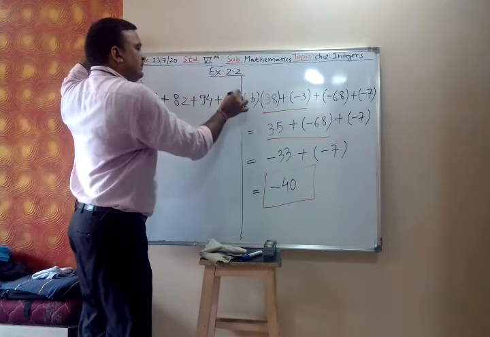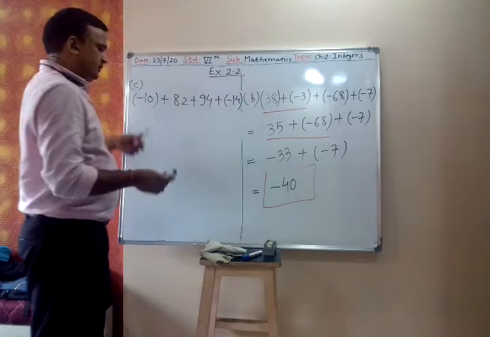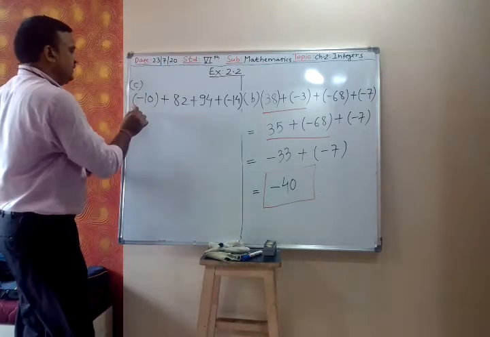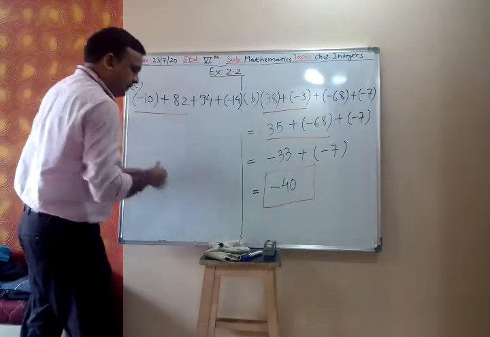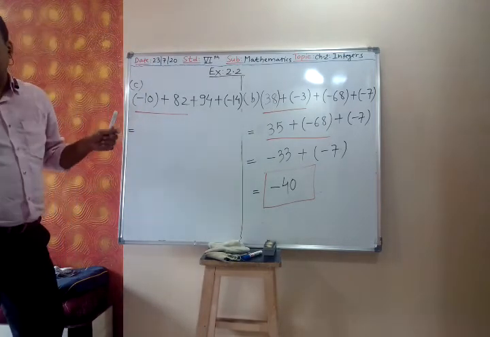Normally whenever number has plus sign, we do not put the bracket. So now let us simplify these two first. Minus 10 and 82. You can put the bracket.